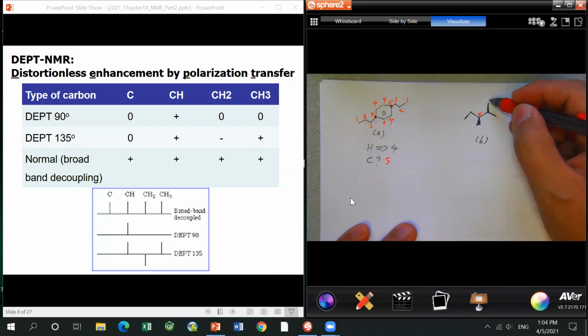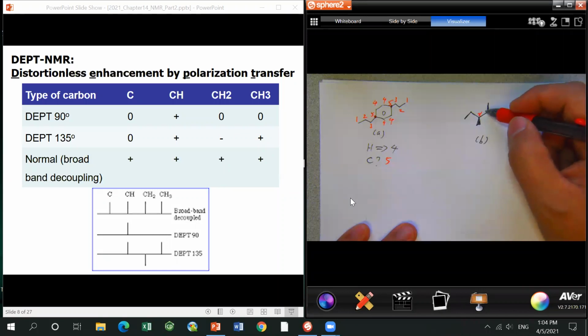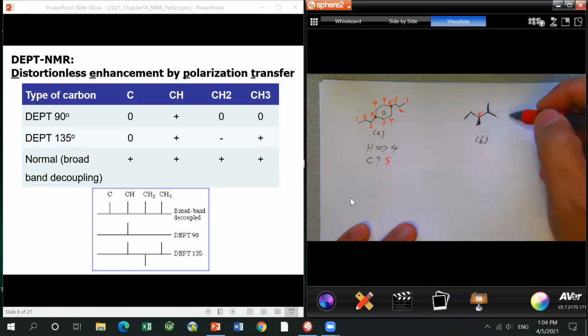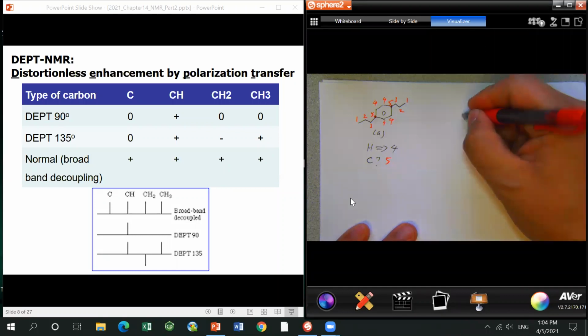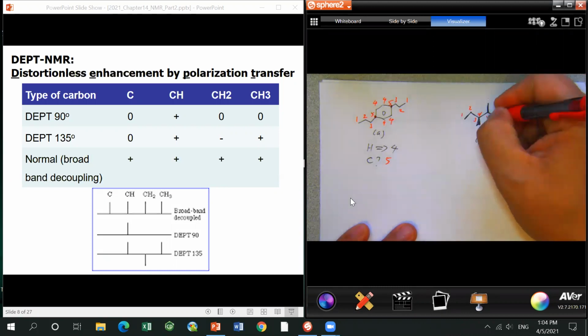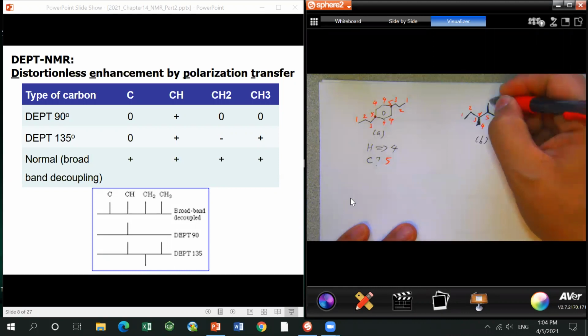If you replace one with a D or some other atom each time, you generate a pair of diastereomers, so these two will be different. Because of the chiral center, we totally break up all the symmetry, and all the carbons will show different chemical shifts: 1, 2, 3, 4, 5. And then these two will be different, 6, 7.